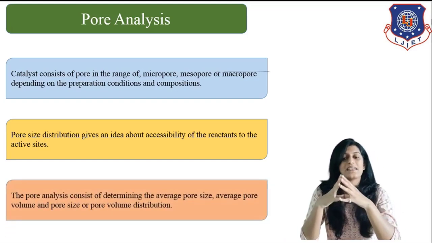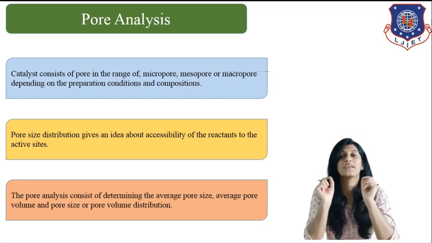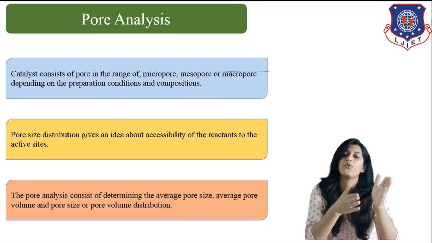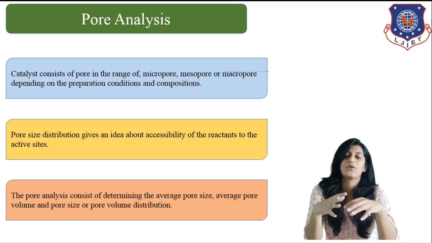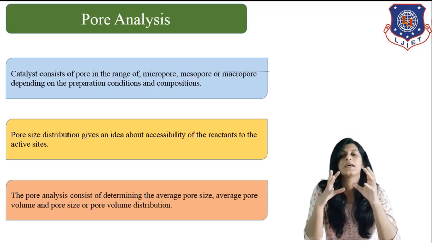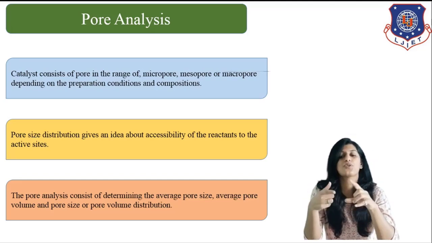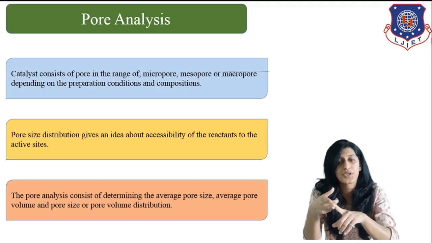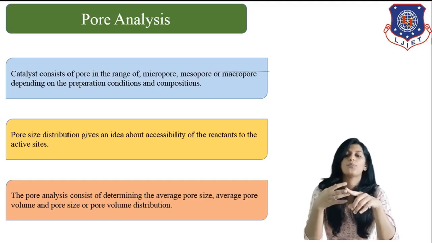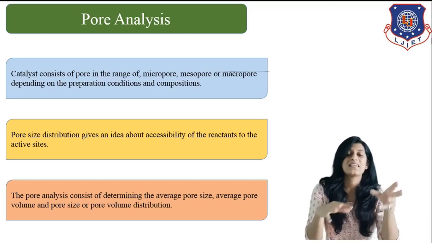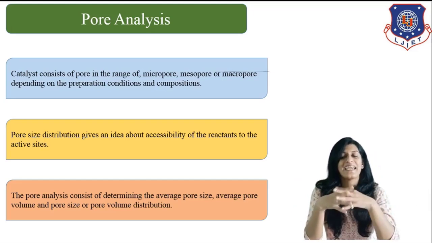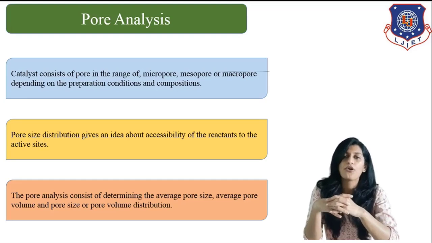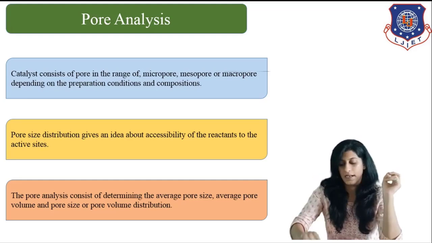Pore analysis basically consists of determining the average pore size, average pore volume, pore size distribution and pore volume distribution. These are the basic categories using which we can analyze the pores of a given catalyst.